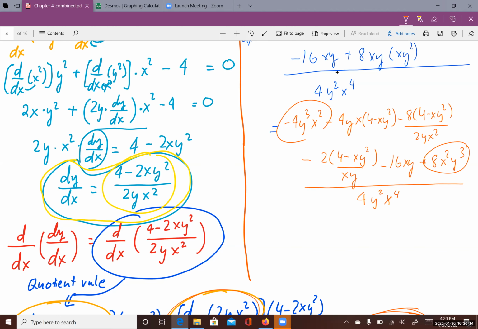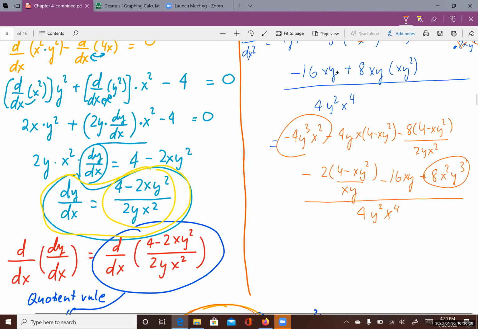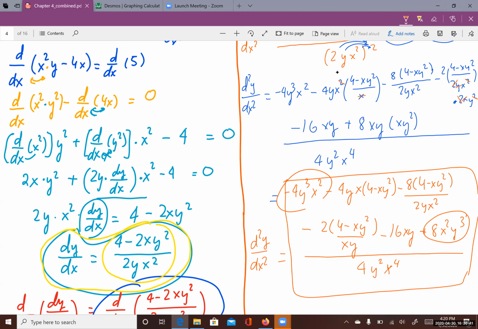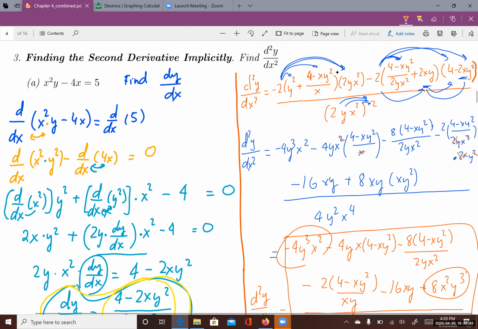And we have this square, and then this, if you multiply this together, you can also simplify it. You can simplify a little bit further, but I'm running out of space here. So I guess we can stop here for this moment, right? So then this is d squared y over dx squared. And again, simplifications can be done further, but we just stop here for the sake of running out of space.